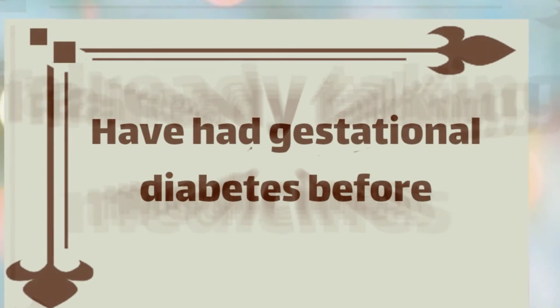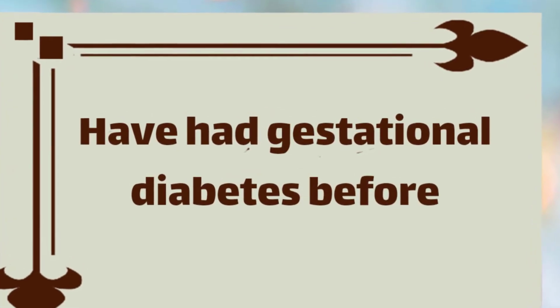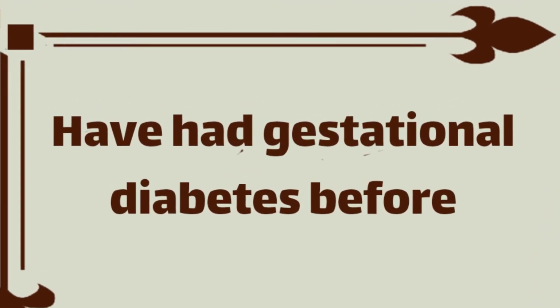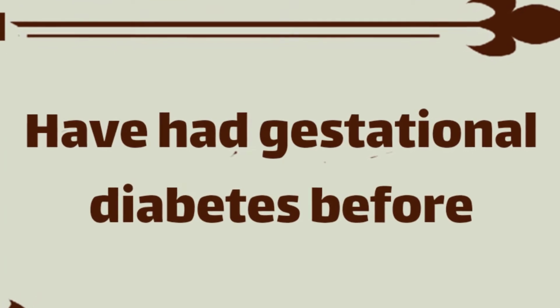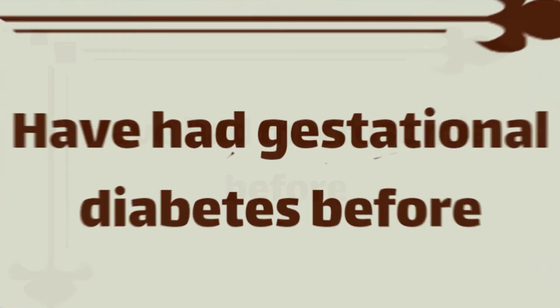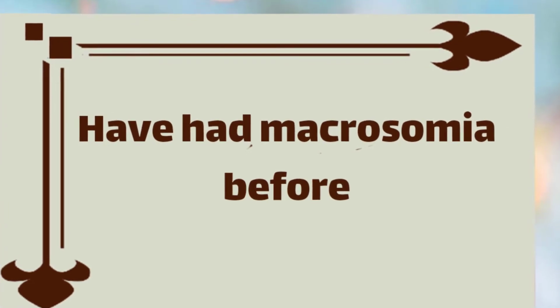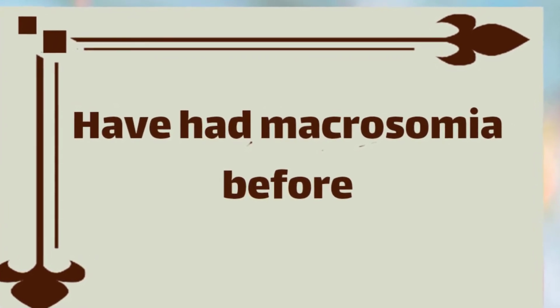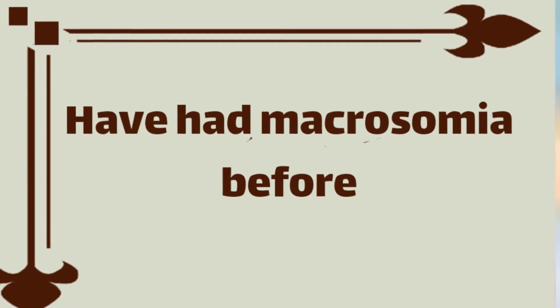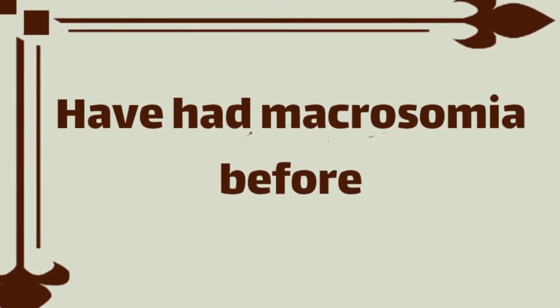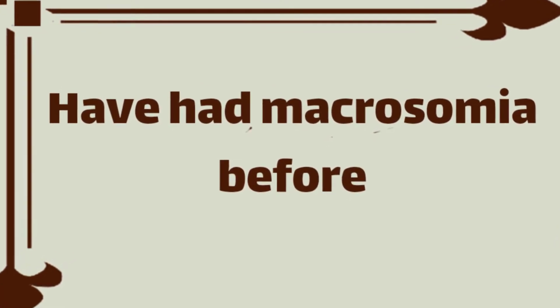You have had gestational diabetes before. If you were pregnant before and you were gestational diabetic, then there is a higher probability that you will be gestational diabetic again. If you have had macrosomia before, macrosomia means a baby with greater volume than a normal baby. This also occurs due to gestational diabetes.